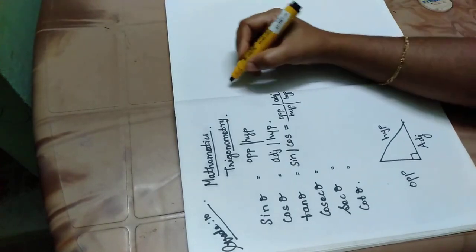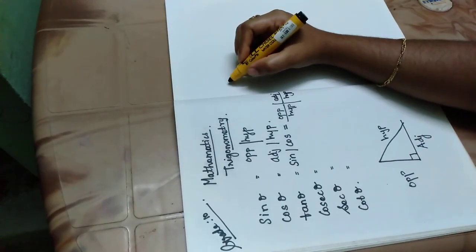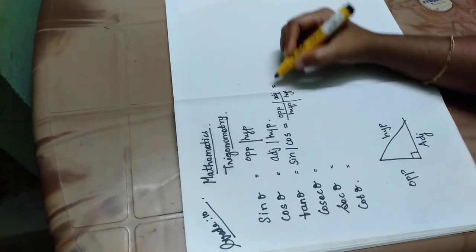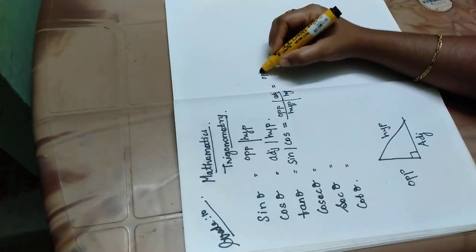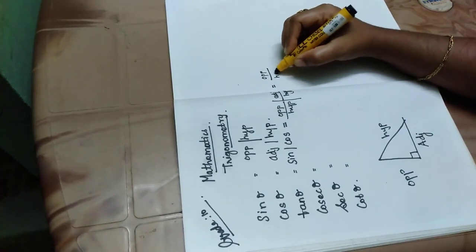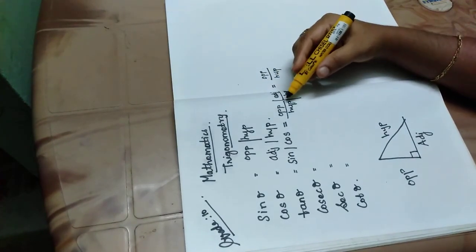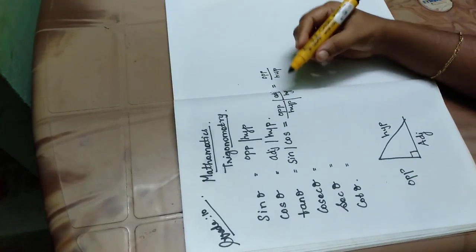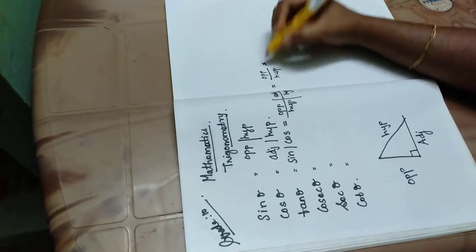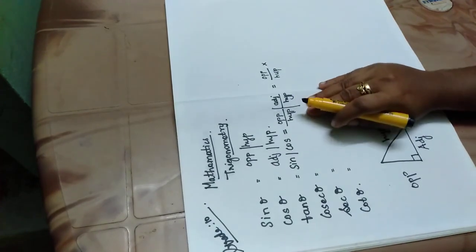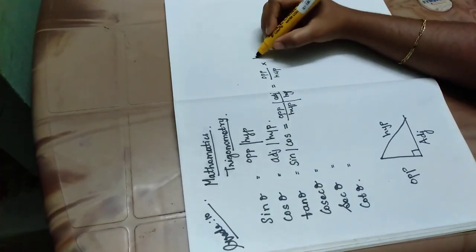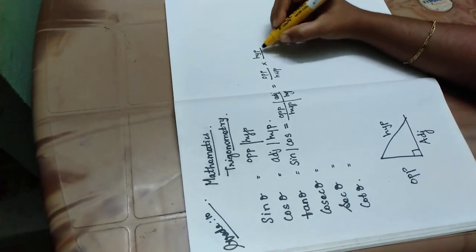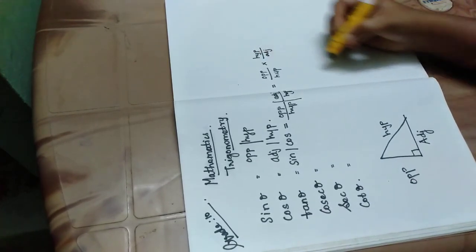That equals opposite side divided by hypotenuse, the whole divided by, the division changes into multiplication and we write the reciprocal, hypotenuse divided by adjacent side.